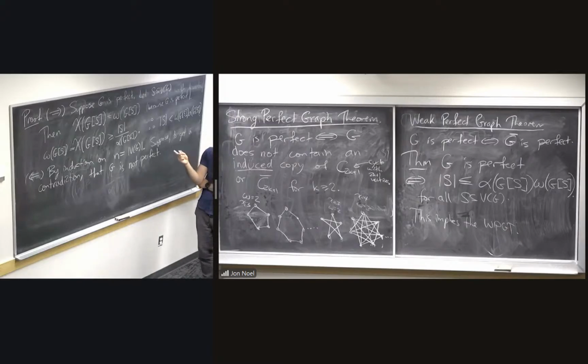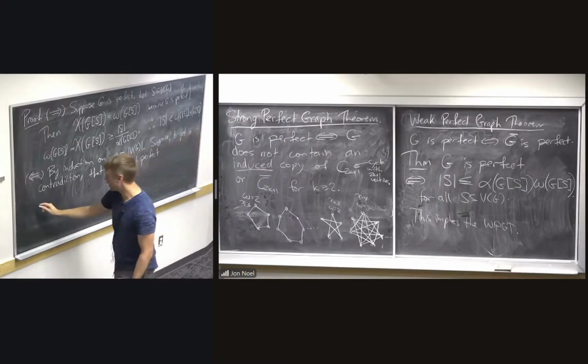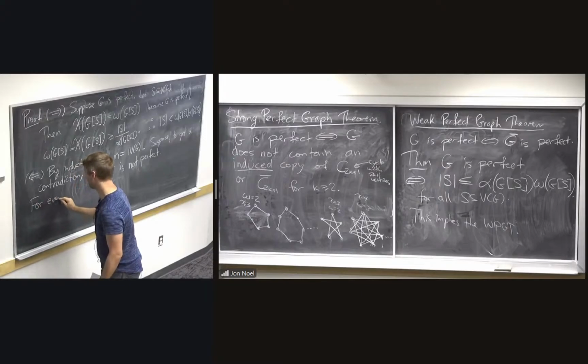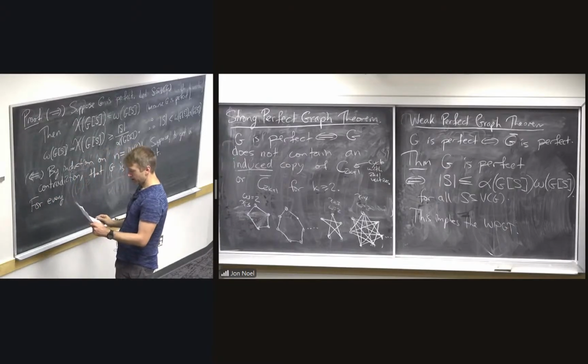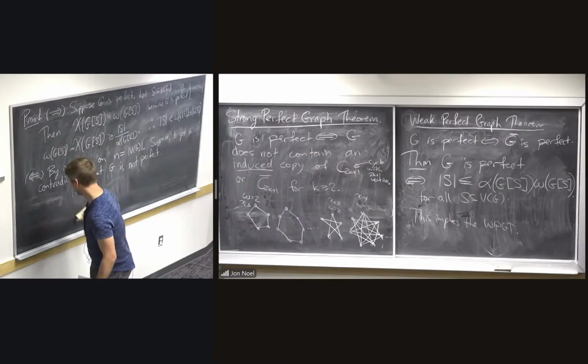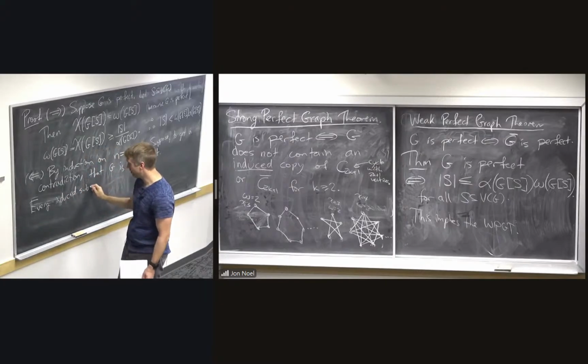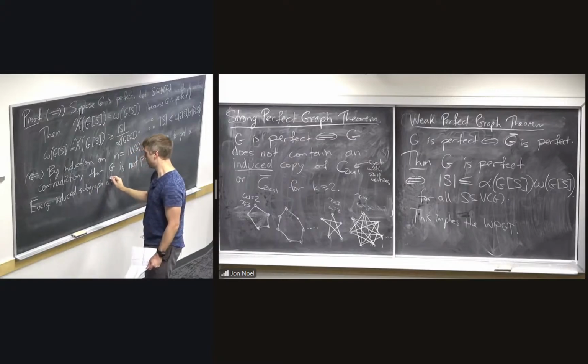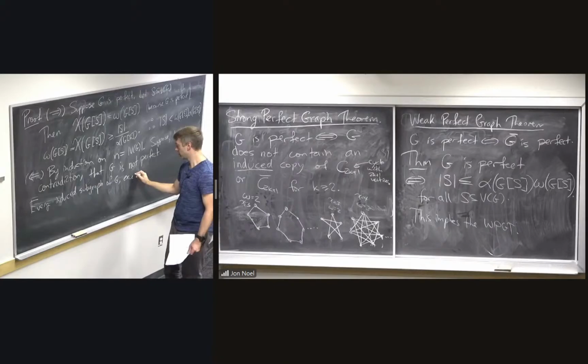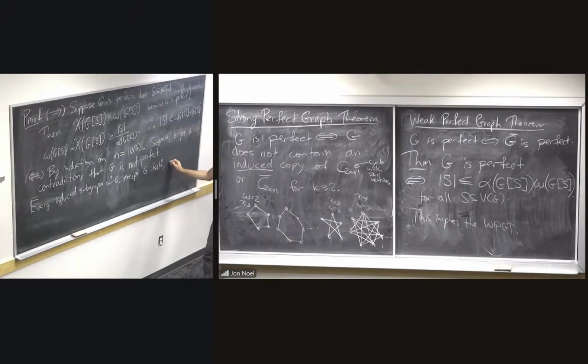Now, since I'm using induction, I know that every induced subgraph of G, except for G itself, is perfect. Why?